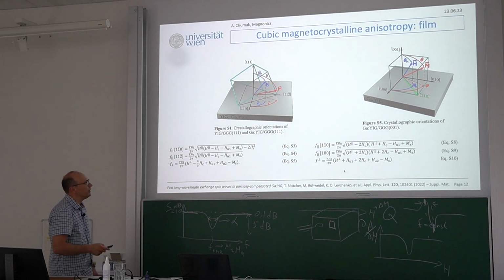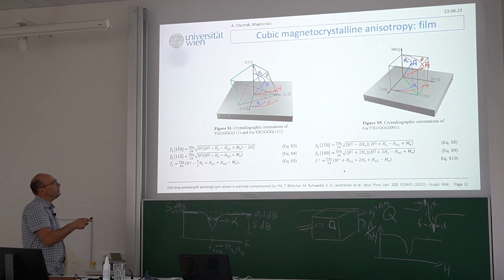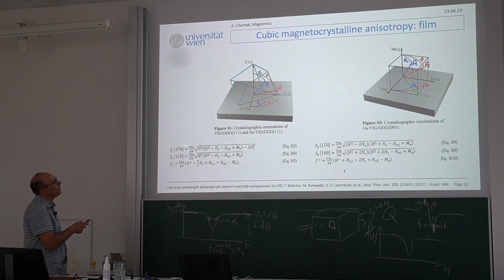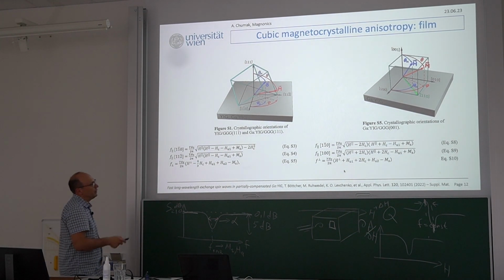Formulas are slightly different. And then when you magnetize it in plane, there will be two formulas here, depending if you magnetize it along 1 minus 1, 0, then it will be this formula. And if you magnetize it 1, 1 minus 2, this axis, then there will be another formula.